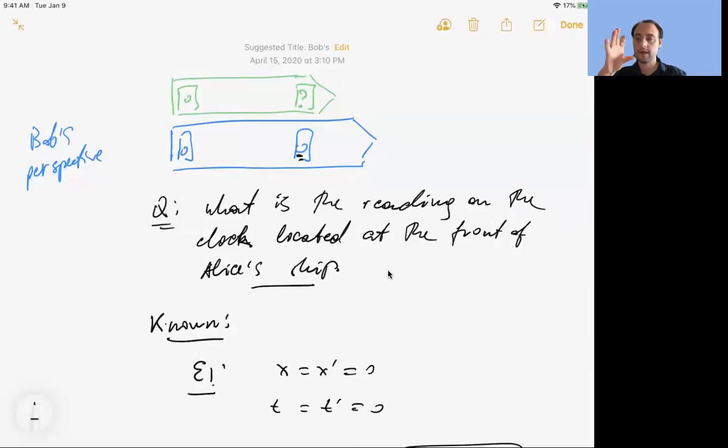If you have a flash of light and it's creating a spherical wave, the waves are moving in all directions at speed c, as seen from one frame. And when you analyze it from another frame, they also see a spherical wave with the wavefronts moving at speed c.